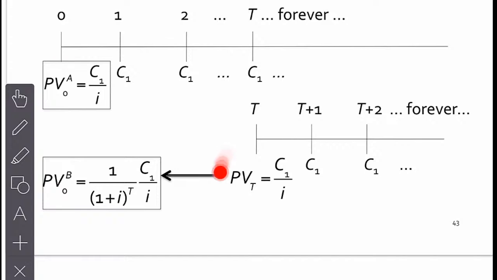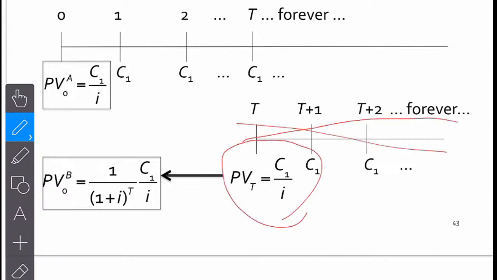So notice, this is just the perpetuity formula, but what did I change? I changed the subscript, to remind myself that I cannot add or manipulate this amount and this amount. So what I need to do is take this amount, use the basic time value of money concept. So this represents all of these cash flows, right? So I don't have to look here anymore. All of that is represented just by this formula. And now I'm going to discount that, I'm going to pull it back to time 0.